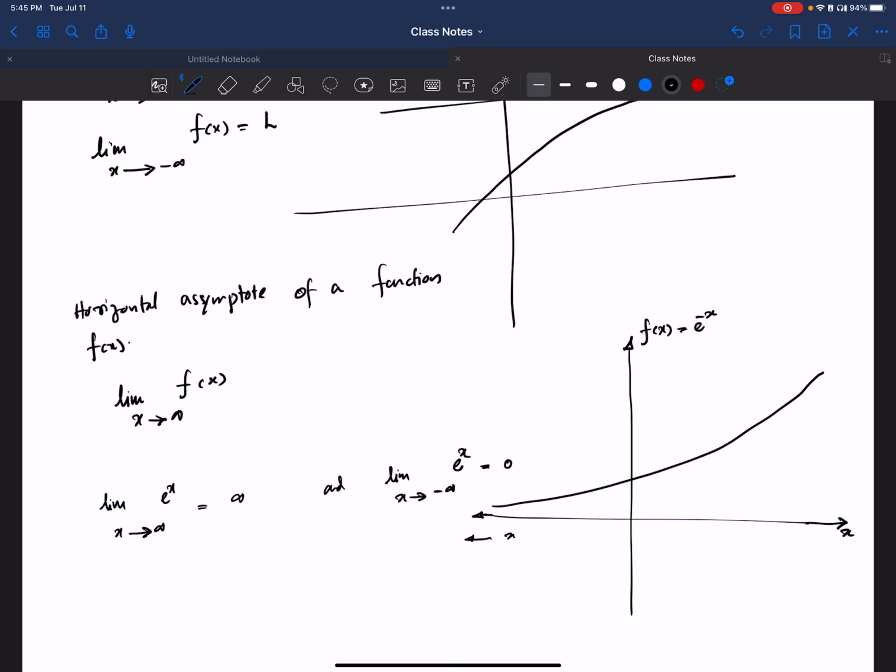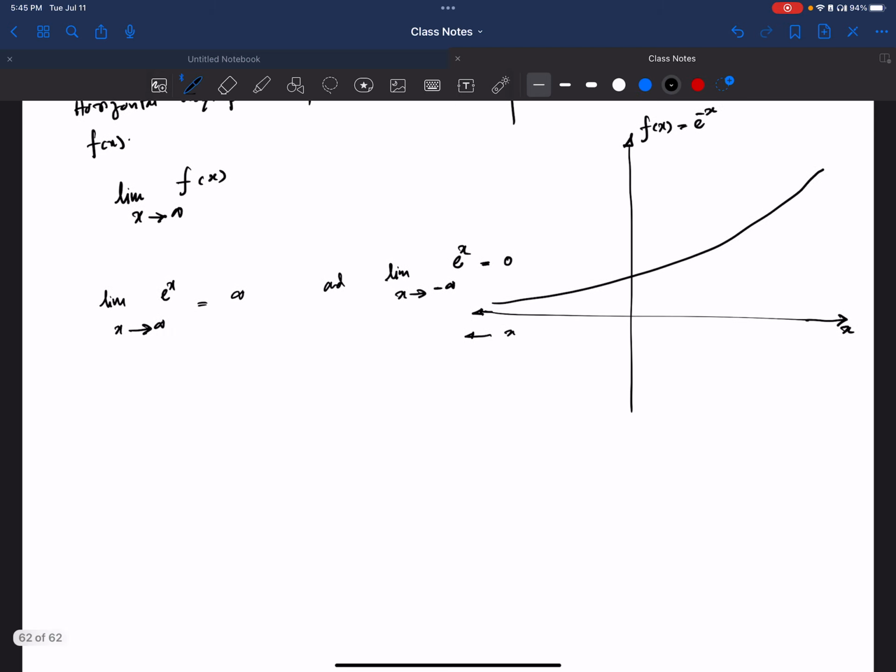And for trigonometric functions like f(x) equals sine x, this function oscillates when x goes to either positive or negative infinity, so the limit does not exist.